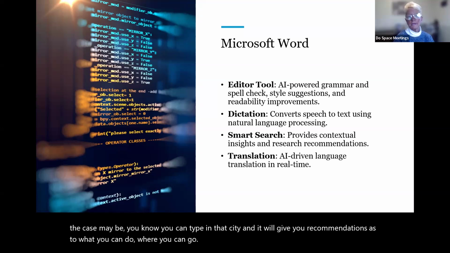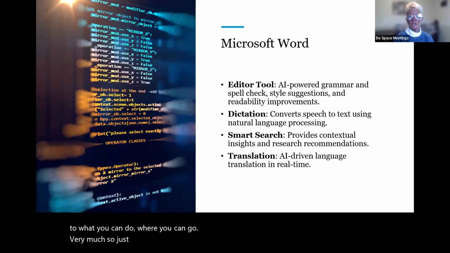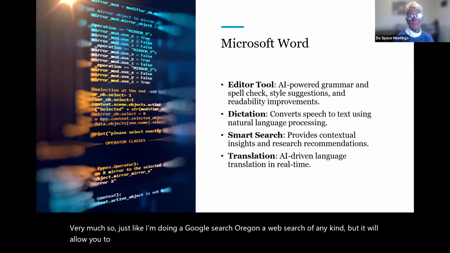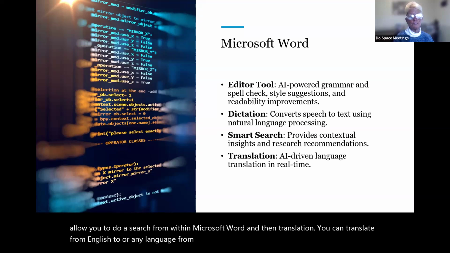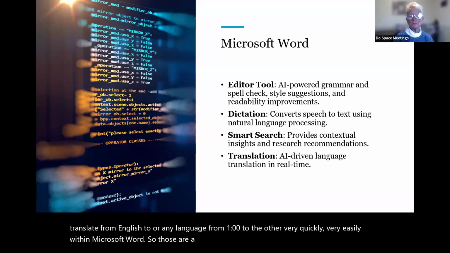Very much so just like doing a Google search or a web search of any kind, but it will allow you to do a search from within Microsoft Word. And then translation: you can translate from one language to another very quickly, very easily within Microsoft Word. So those are a few that we're going to talk about.